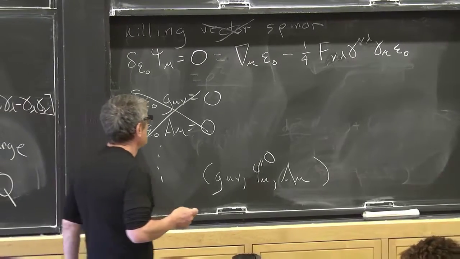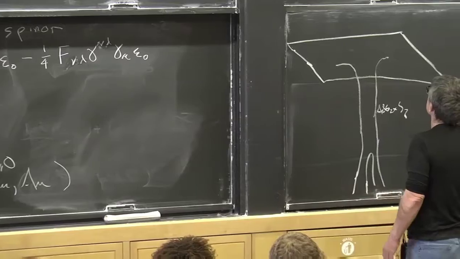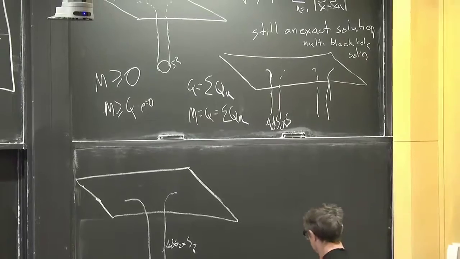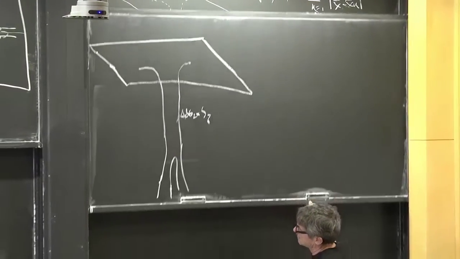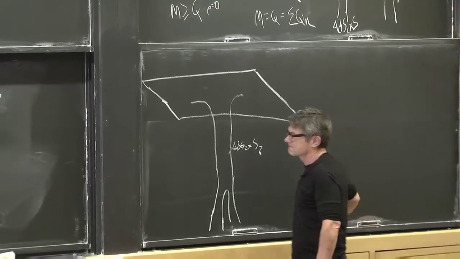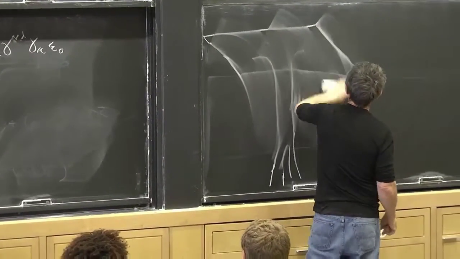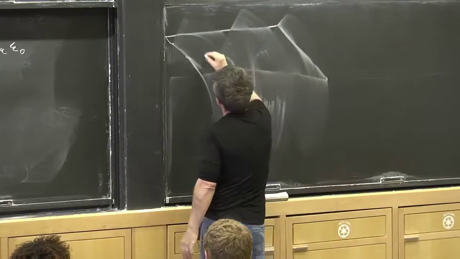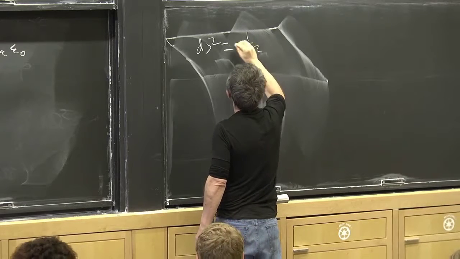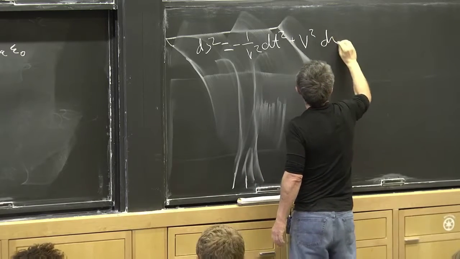In this week's homework, I want you to show that in this background here, recall that we had ds squared is minus 1 over v squared dt squared plus v squared dx squared.